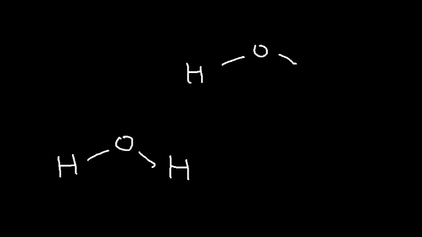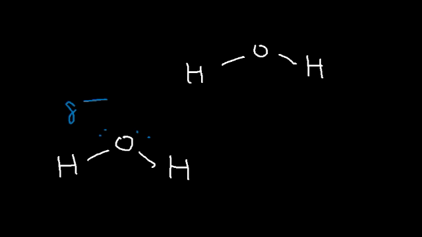Now let's talk about the hydrogen bonds that are found in water. The oxygen part of water has a partial negative charge. Oxygen is more electronegative than hydrogen, and so it's going to pull the electrons toward itself. And so it develops a partial negative charge.